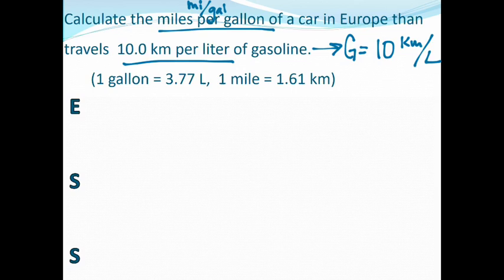slash to represent per. So what we're trying to get our final unknown units to be is miles/gallons. And what we're starting with is kilometers/liters. And that really is almost a fraction with kilometers over liters here.